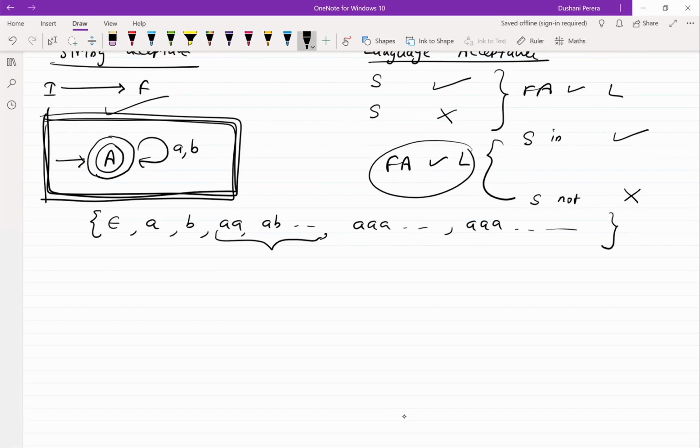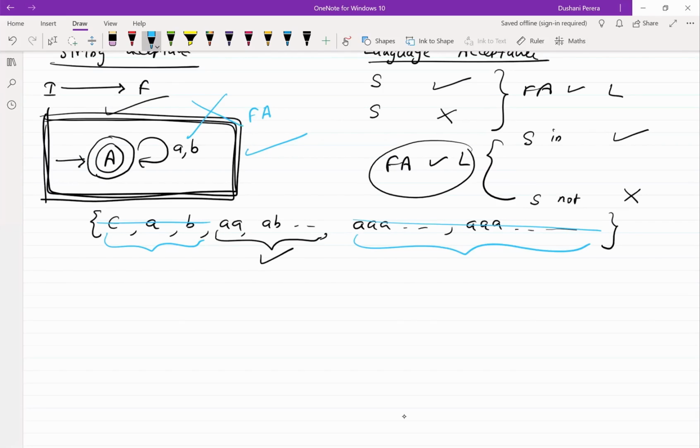It accepts the ones who are in the language, right. But the ones who are not in the language are not rejected by this finite automata. It accepts those too, but they are not in the language. Because of that, this is not the FA for that particular language.